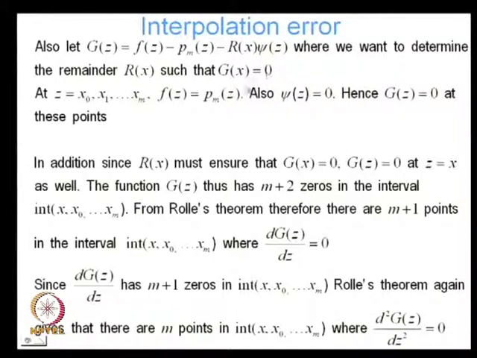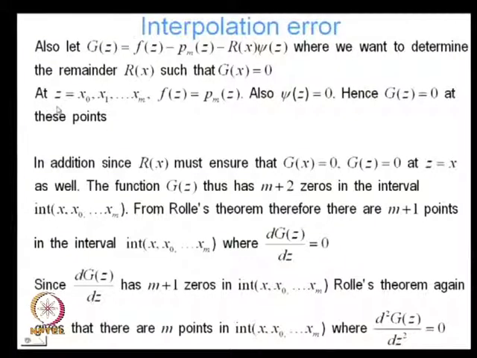such that g of x is equal to 0. So at z equal to x0, x1 through xm, I know that f of z is equal to Pm of z. Why? Because my polynomial satisfies the function values exactly at the points x0, x1 through xm. Also, psi of z is equal to 0 at all those points.